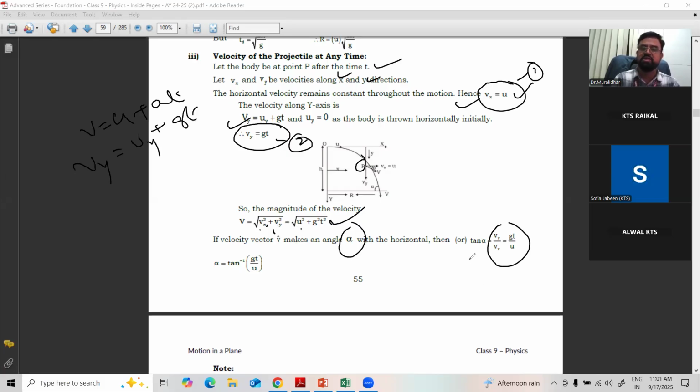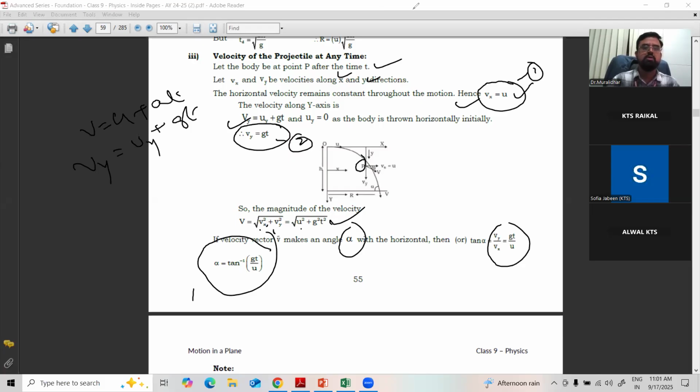We derived this formula in the case of the parallelogram law. From that alpha value, you can find the angle by using tan inverse of gt by u. So the velocity magnitude is found by under root of u square plus g square t square, and the direction is given by alpha is equal to tan inverse of gt by u.